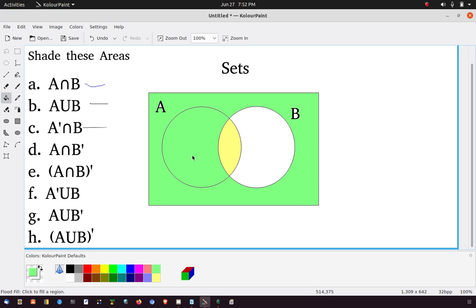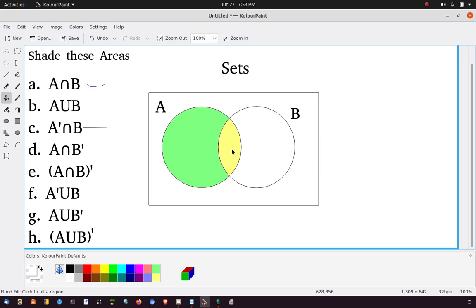What you have is this area, because outside here is not in A, right? It's A intersect B complement, and outside here is not in A, so this shouldn't be in it. Then A intersect B complement.